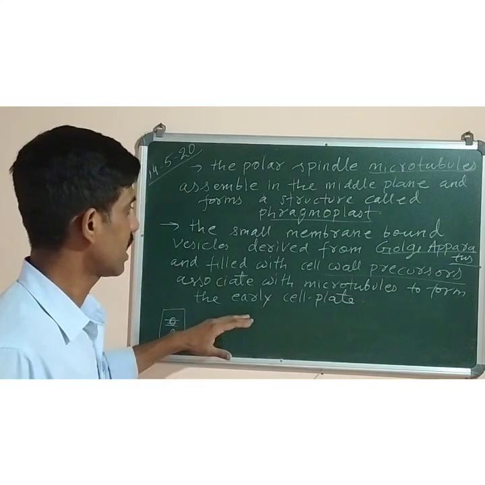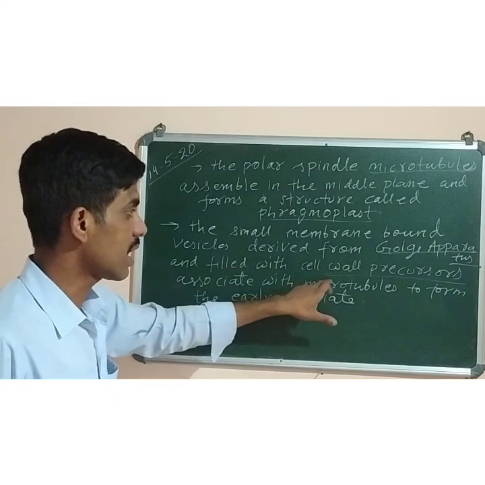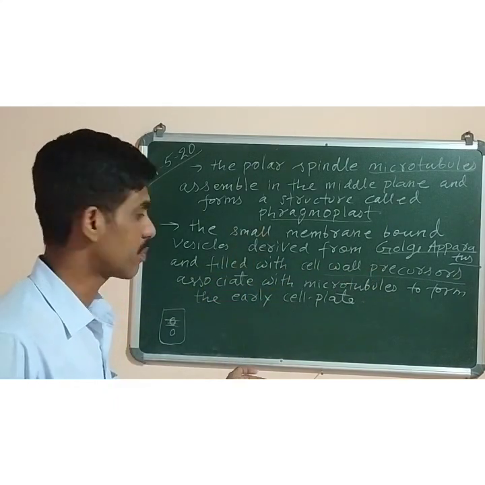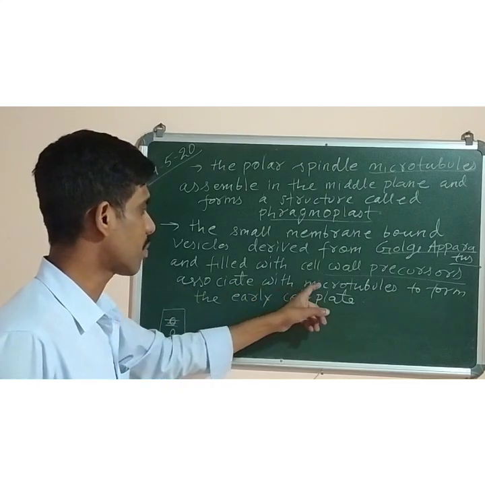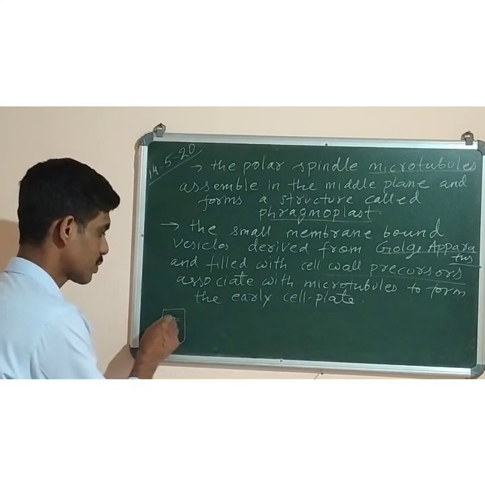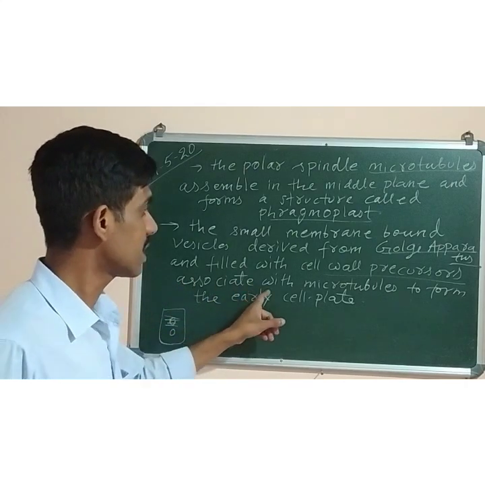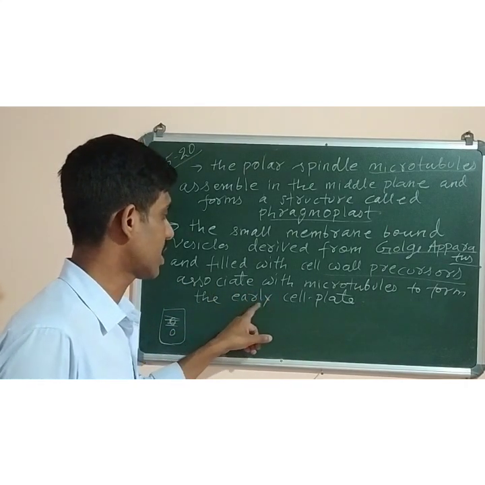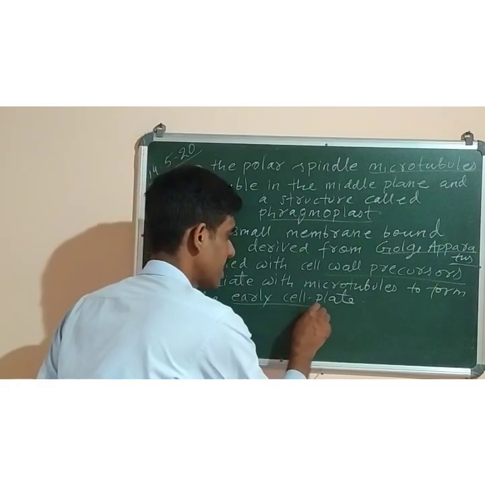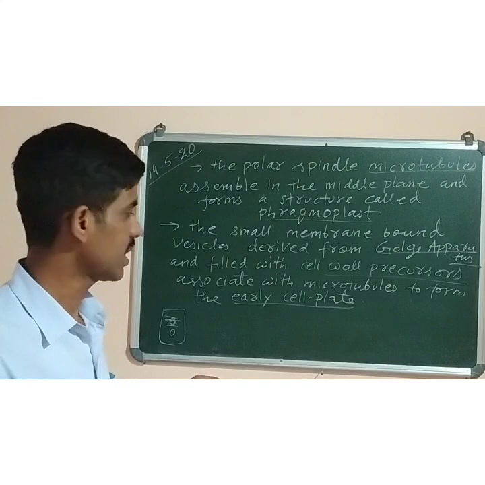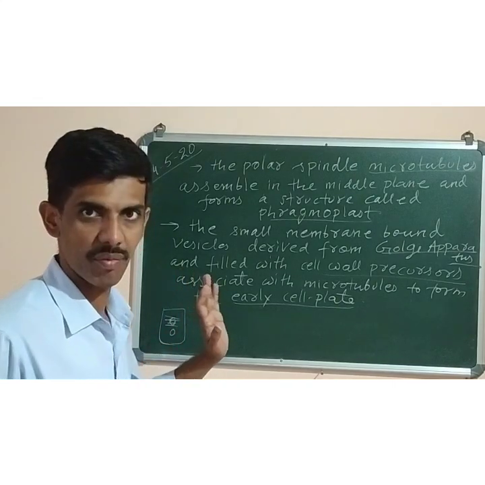Means they contain the cell wall precursors, so they will only result in the formation of that cell plate. And they associate with the microtubules. Microtubules are there in the spindle fibers, and they result in the formation of early cell plate. Means the starting of the cell plate is formed because of them. Understood?